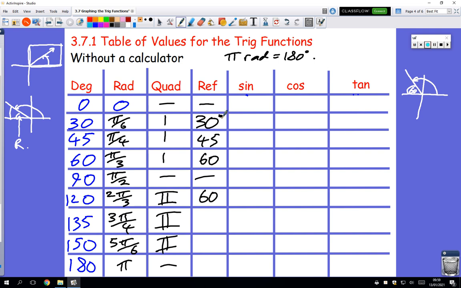And these are all degrees. And what you'll see is a kind of symmetry emerging here. 30, 45, 60. The reference angle for 135 is 45 degrees. The reference angle for 150 is 30 degrees. 180 is on an axis. It doesn't have a reference angle as such.